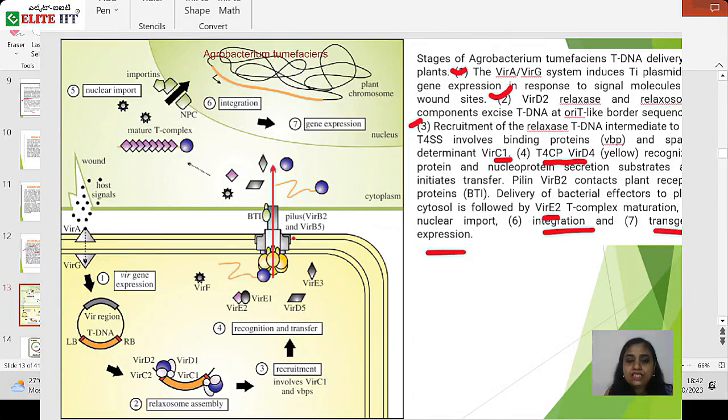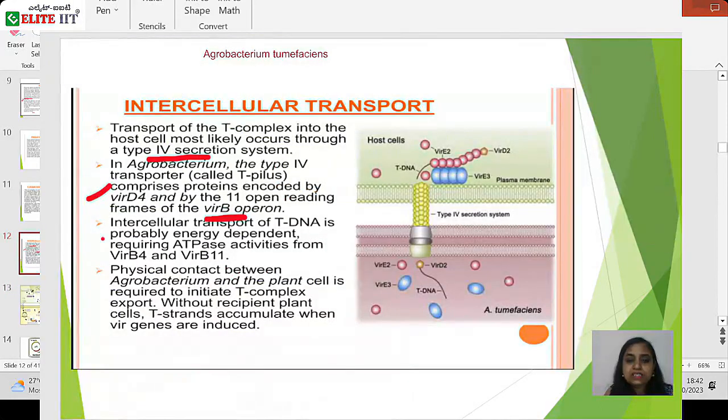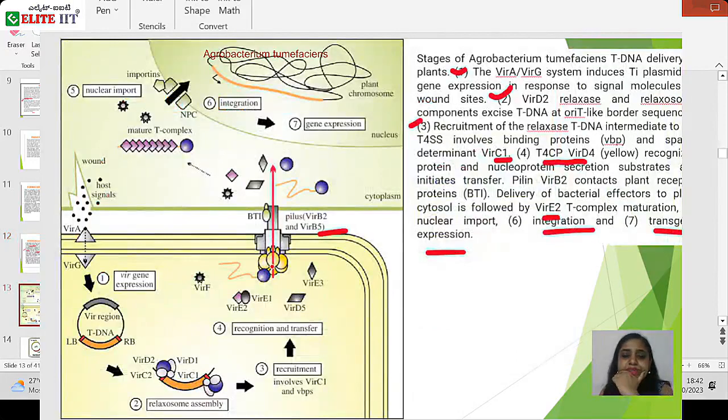In this case, the pilus, or you can say type 4 transporter, is actually VirB2 and B5 here. In the previous slide, it is B only. It comprises proteins encoded by VirD4 and VirB. Here it is written B4, D4. Why is D not given here? In a different book, you will get different things. This is a different problem.